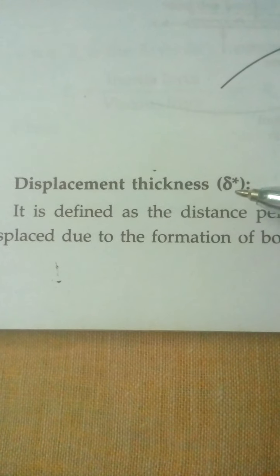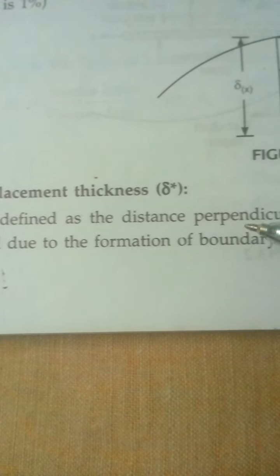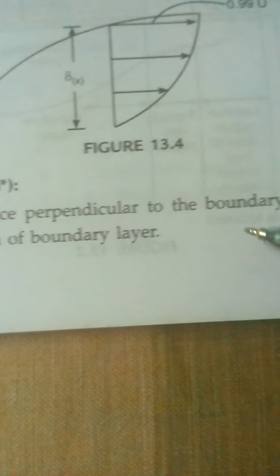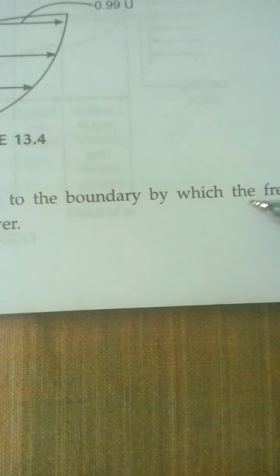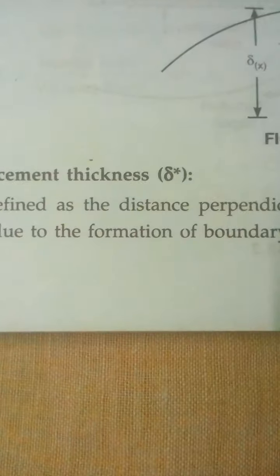Displacement thickness, delta star. It is defined as the distance perpendicular to the boundary by which the free stream is displaced due to the formation of the boundary layer.